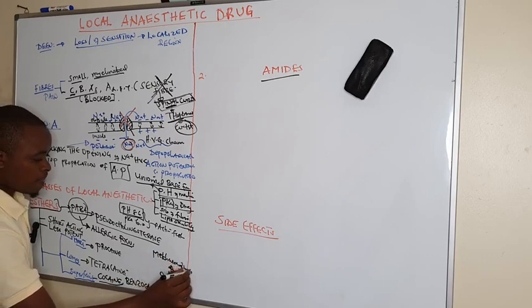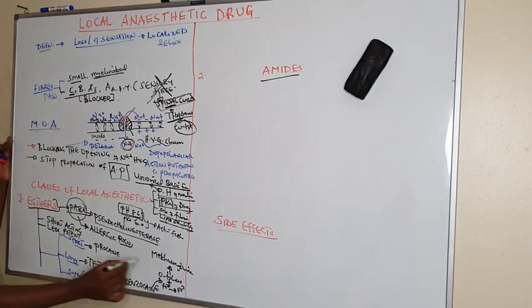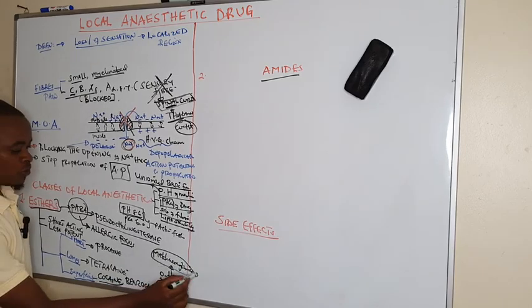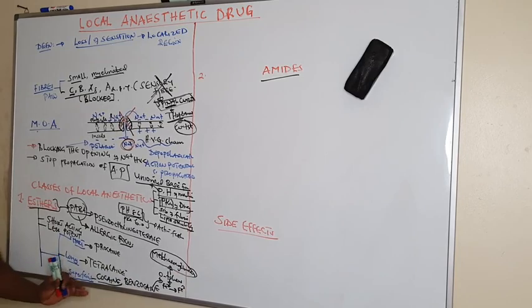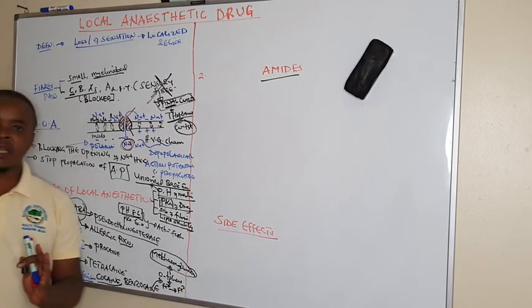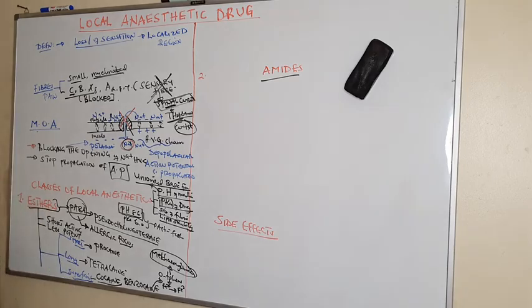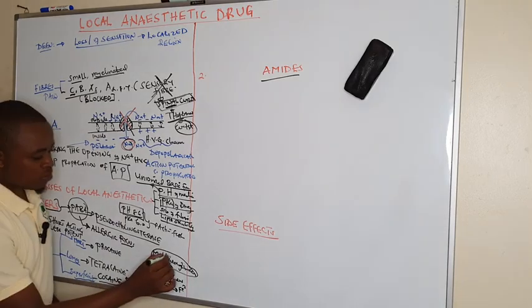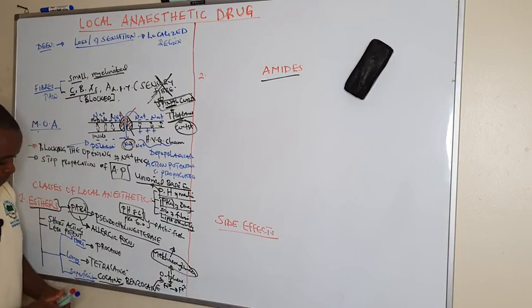So when you're asked in multiple choice questions which of the following ester drugs cause methemoglobinemia, and this methemoglobinemia leads to cyanosis.